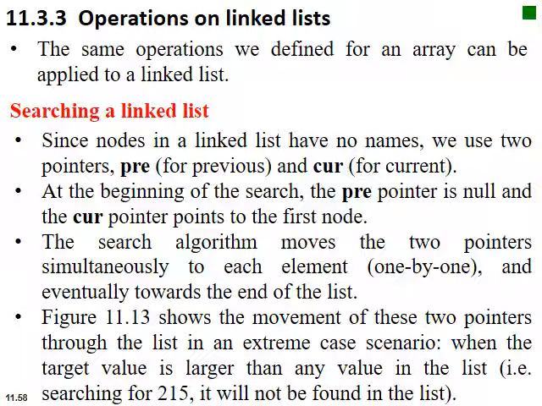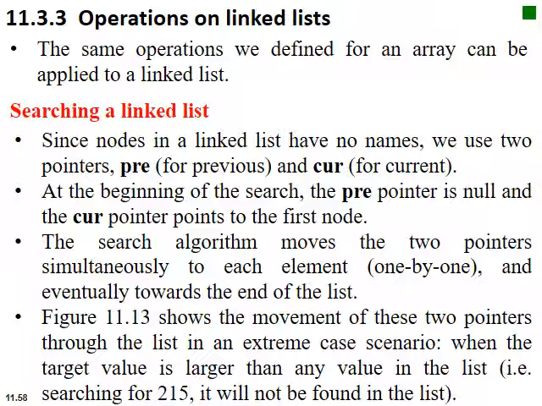Since nodes in a linked list have no names, we use pointers to point at those. And we're going to use two specific pointers for this case to keep track of where we are currently in this linked list. We're going to use a pre pointer, P-R-E, that's naturally going to point to the previous node.